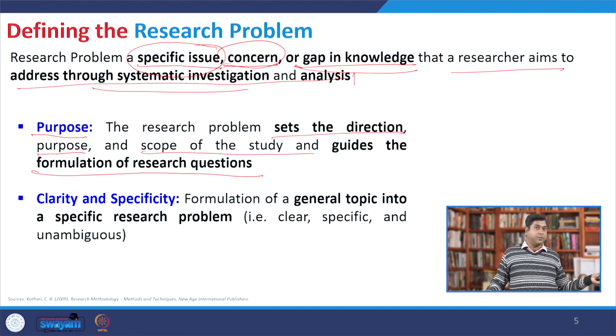Unless you understand the problem, you cannot formulate the question. For example, if you have a problem of traffic congestion on a road, first of all we have to understand why this congestion is there.